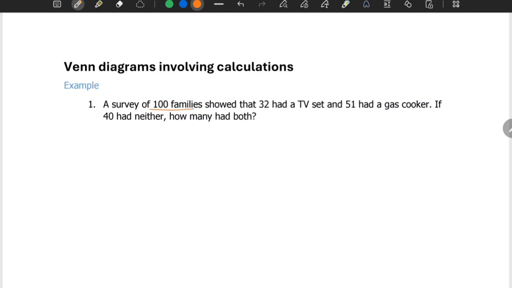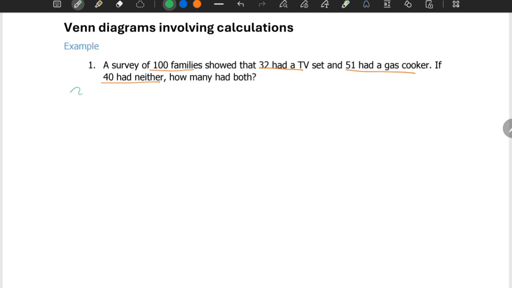So it's 100 families showed that 32 had a TV set, 51 had a gas cooker, 40 had neither. How many had both? So just sketching out the general information that we had. We know that the number in the universal set is 100. The number who had a TV was 32.